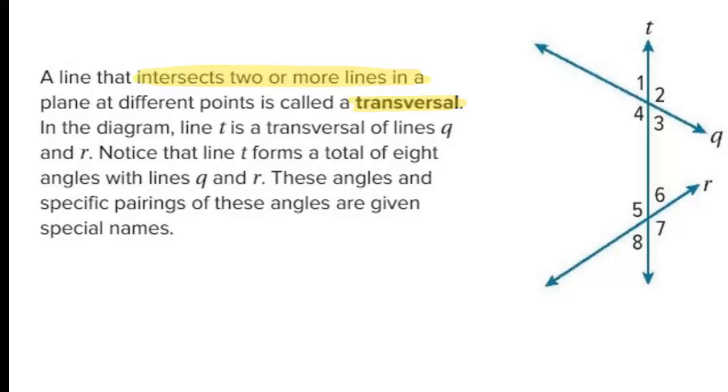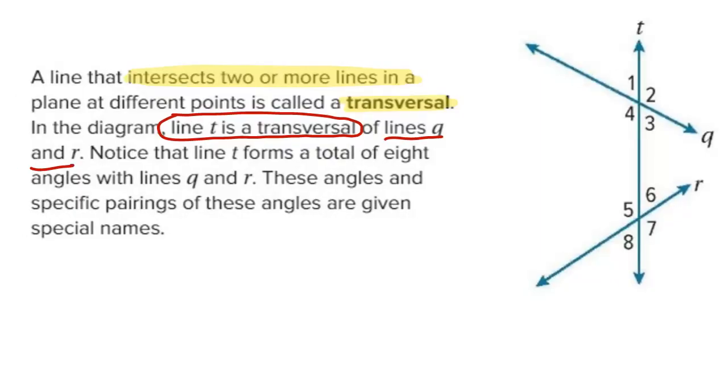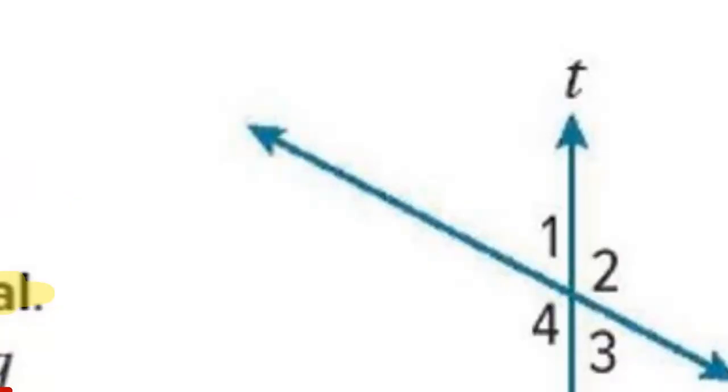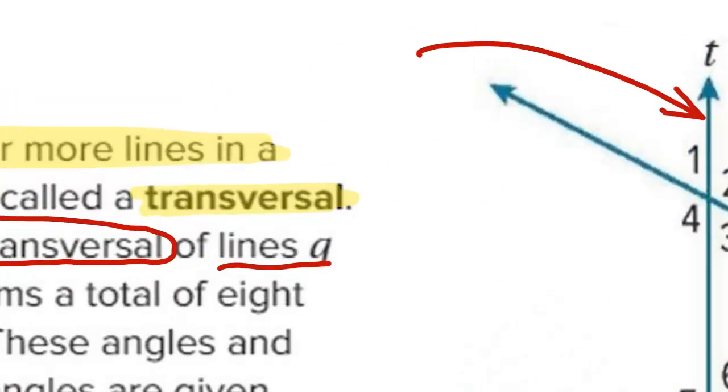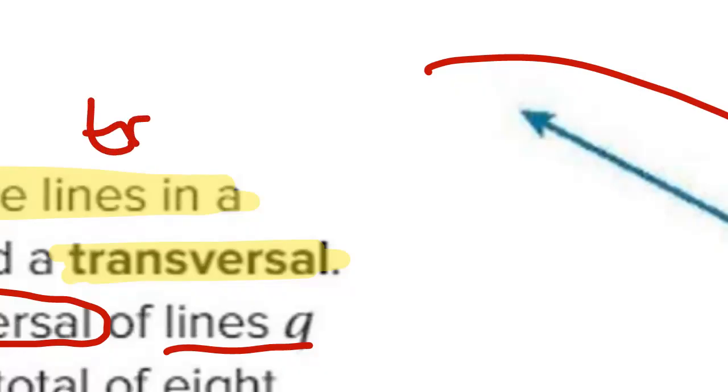In the diagram, line T is a transversal. It is the transversal of lines Q and R. So this line right here is a transversal.